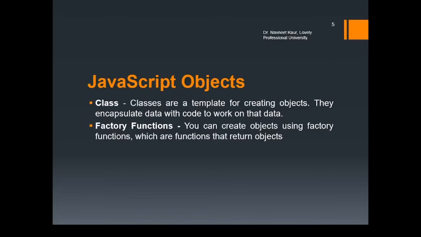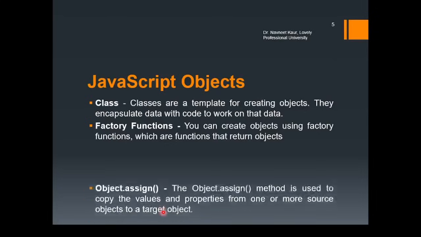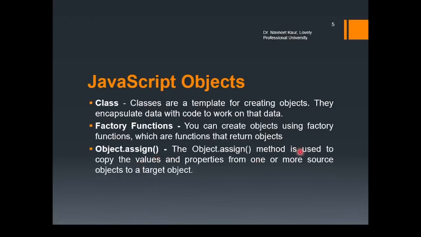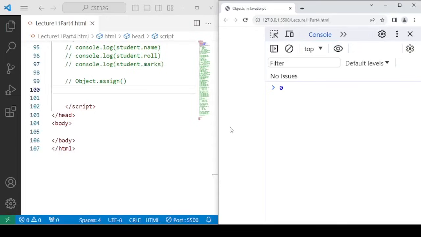And the last one is creation of objects using Object.assign. This method is used to copy the values and properties from one or more source objects to a target object. Using Object.assign, we can create one object from multiple objects.